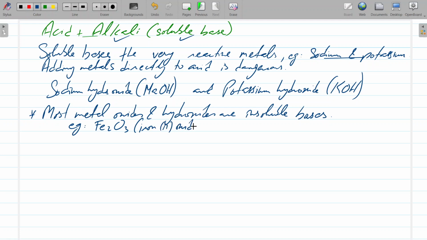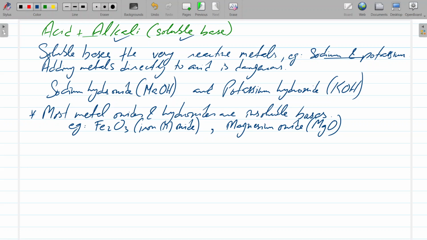And then you've got copper(II) oxide, for example, or magnesium oxide, which we formed earlier on. So we can do magnesium oxide, which is MgO. Just an example.